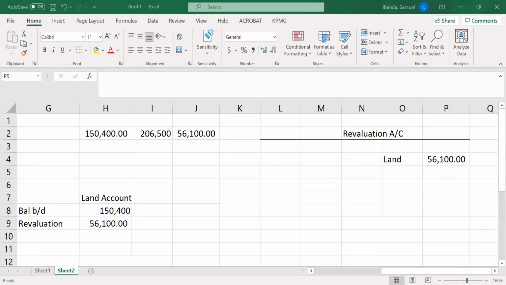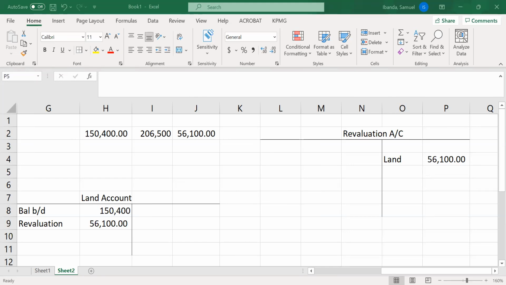Okay, now as you can see, they mostly looked at the non-current assets. Those are mostly the ones that we revalue. Now that revaluation is not in any way different from the one we do for the private sector. I know sometimes the examiner might want to bring in something of revaluation when it comes to questions of depreciation, okay?